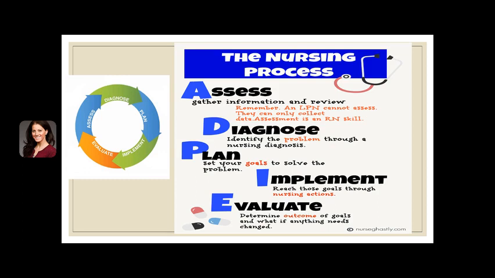The picture on the left shows us the nursing process as a cyclical method. It's not linear, where it doesn't start at assess and end at evaluate, because a lot of times when you evaluate, sometimes the plan that you implemented didn't necessarily work, and so you have to go back and reassess.